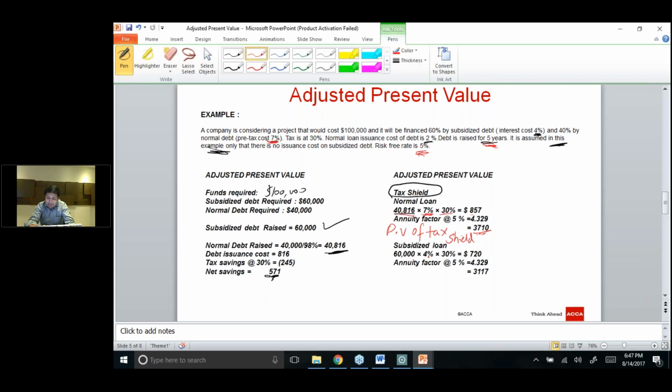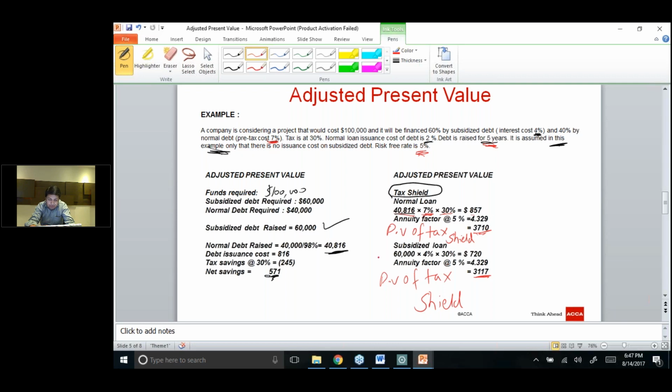So the tax saving on interest payment is equal to $720. As the annuity factor is 4.329, the answer will be 3,117. So that is the present value of tax shield on subsidized debt.